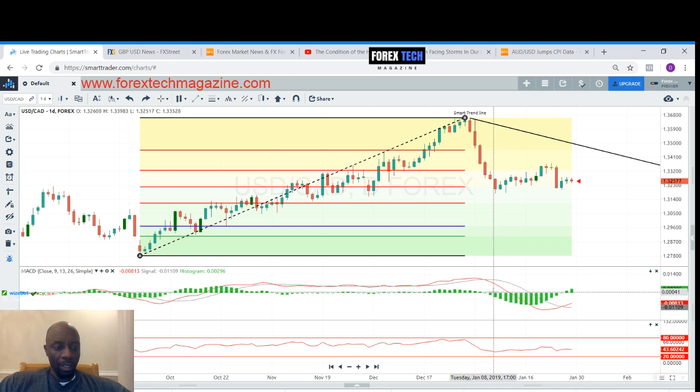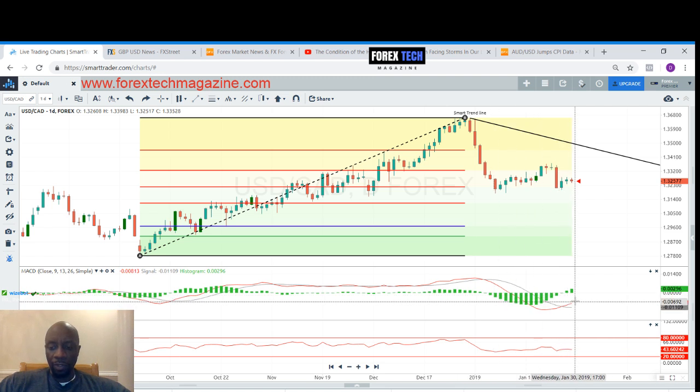Because if you look at the MACD, even though it's crossed over, it's still in the bearish zone. So right here at that zero line, that zero mark, right? That's pretty much telling you whether you should be in sell mode or buy mode.